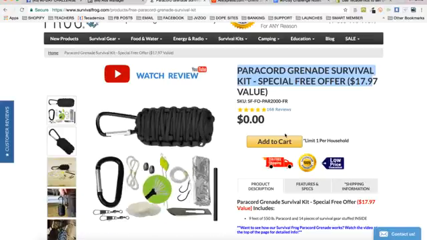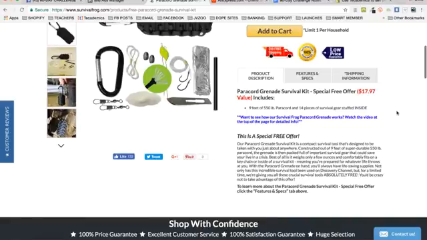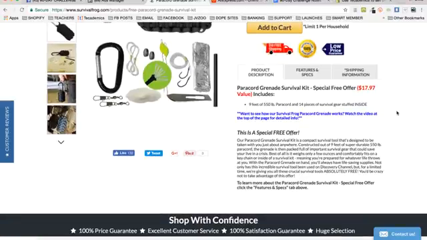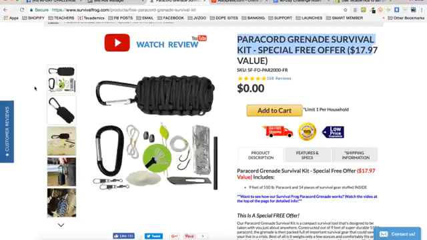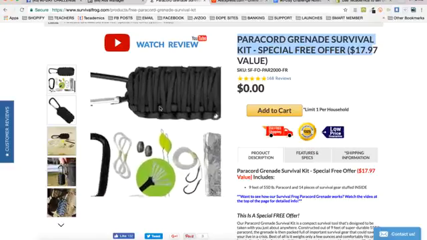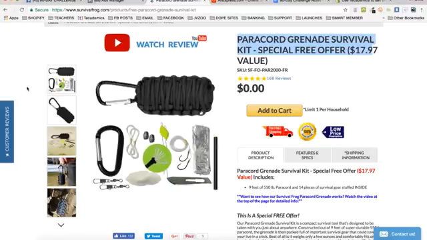That's the catch. They'll give this to me for free, but I just have to pay shipping and handling to get it. So they're actually going to make money off of this, because they're going to charge me $5 or $10 shipping and handling, who knows. And even though it's zero, this little survival kit probably costs them just a couple bucks.